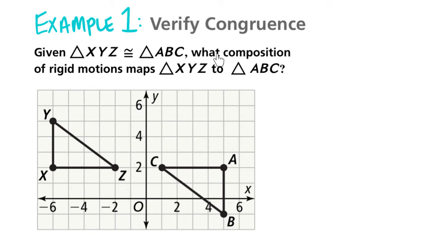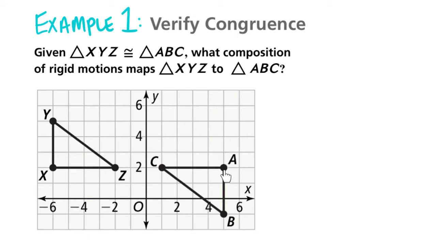So in this first example, we're going to try and put some of those ideas that we just talked about to use. It says that given triangle XYZ is congruent to triangle ABC, what composition of rigid motions maps triangle XYZ to triangle ABC? And again, this statement here is giving us some clues that we need X and A to end up matched up.